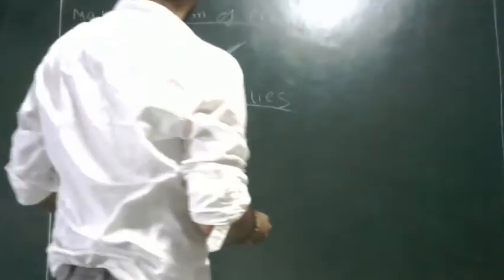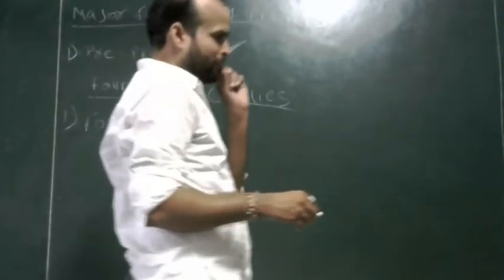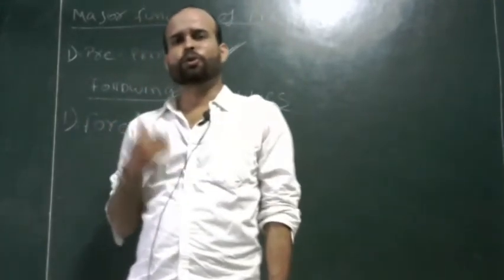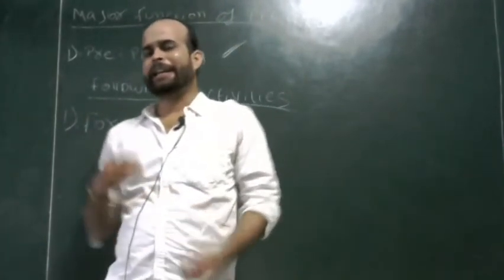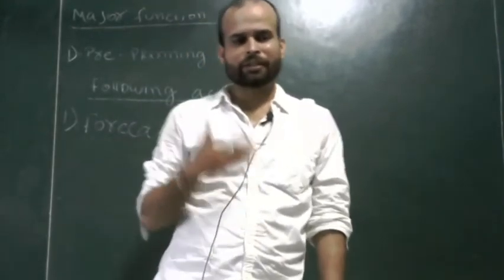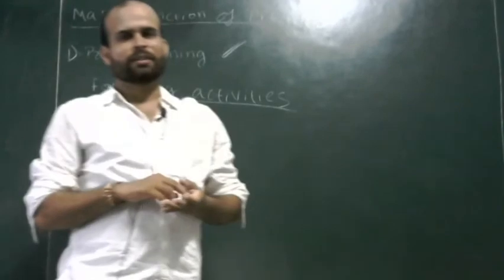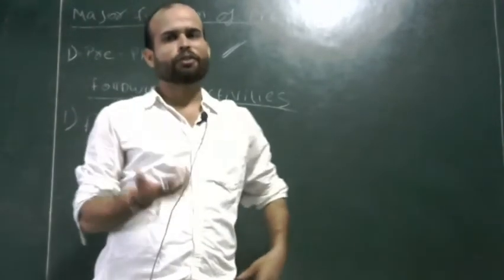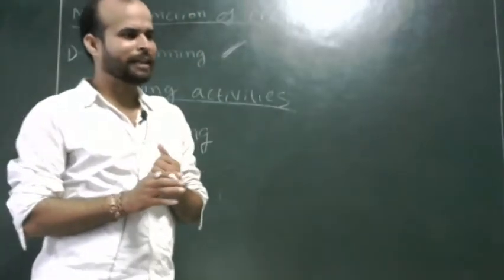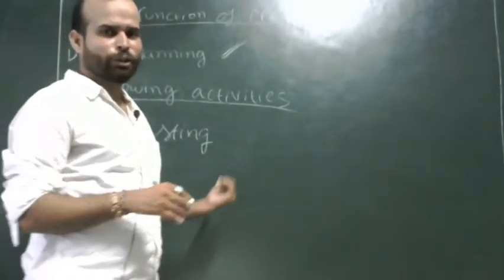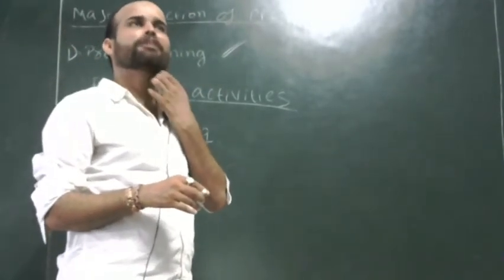As in a company, you are going to forecast what is going to happen in the next 1 month, 2 months, 3 months, or 1 year, or 4, 5 years, so that you are going to schedule your things or plan your things.